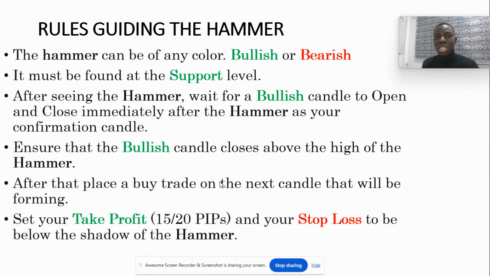Number two is location. Talking about location, we are talking about support and also resistance. If you don't know how to identify support and resistance, please look out for one of my videos. I will also add the link to this video. These are the things you are looking out for when it comes to the hammer. Be guided, be disciplined, and trade carefully.